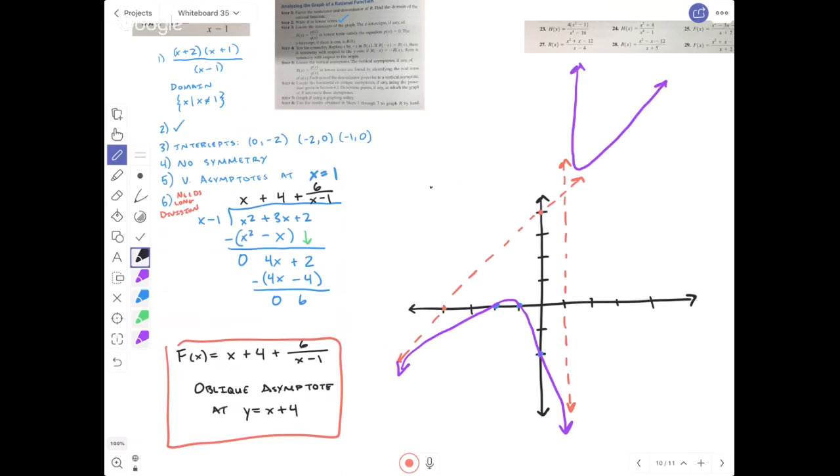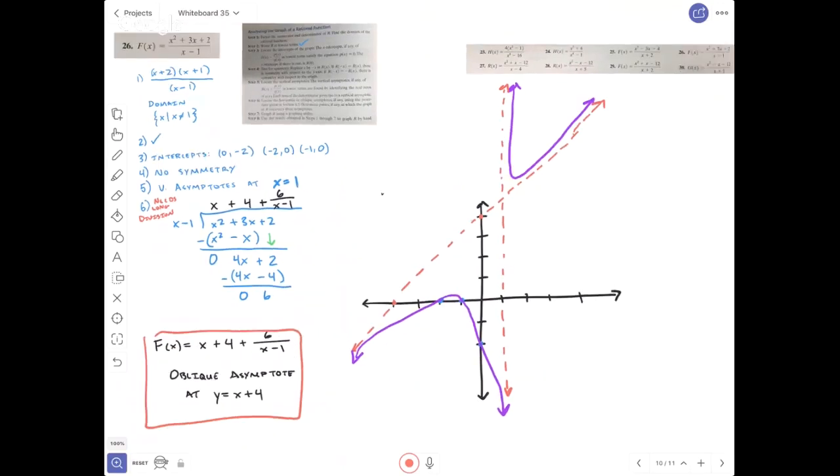So let me get back to the red. And the red. Great. Cool.